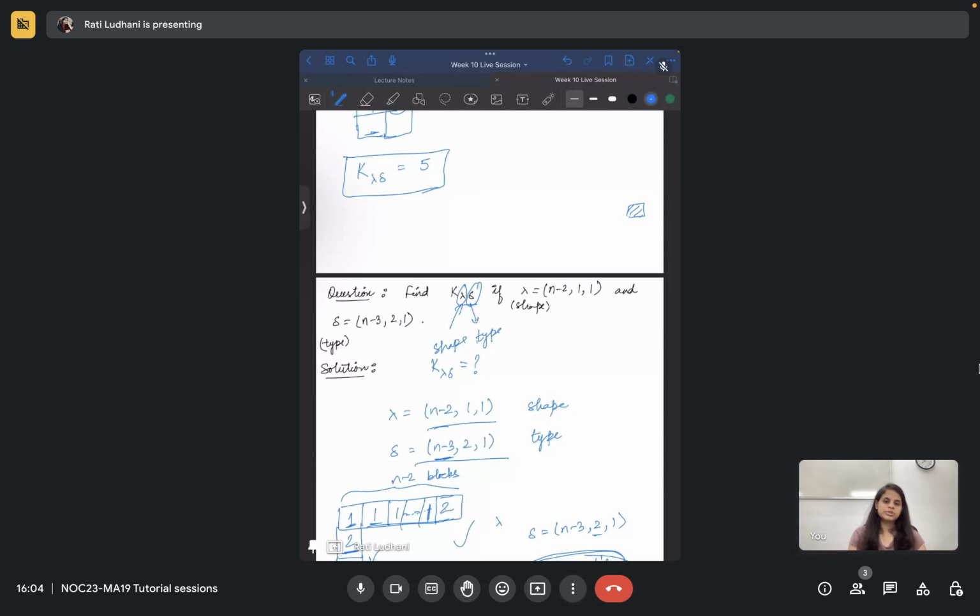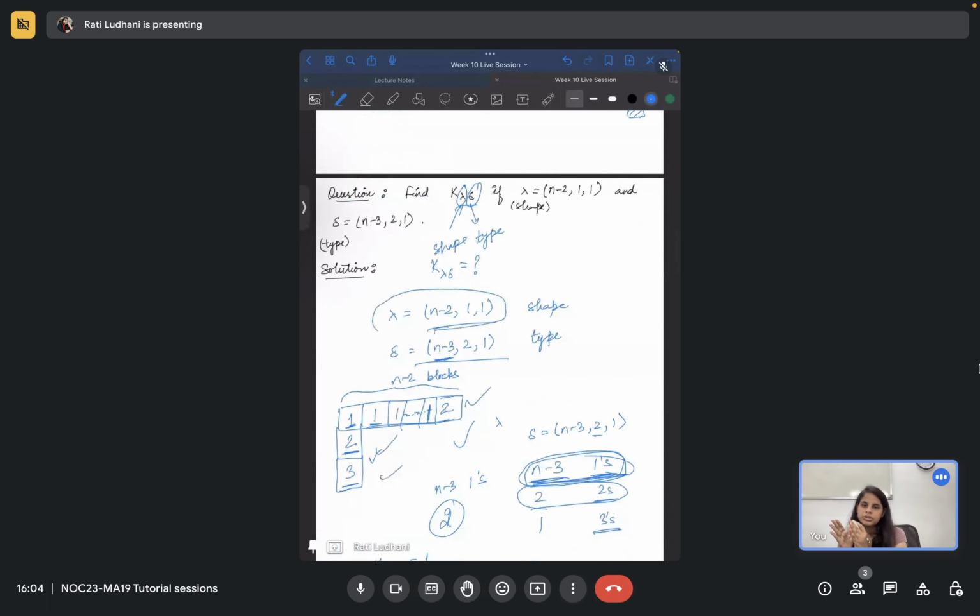Shape says you consider that many blocks, like this shape, (n minus 2, 1, 1). The first letter will denote the shape and the type will give you the ones, twos and everything. This is the important thing. Whatever letter is given in the first place will denote shape, and the second letter will denote type.